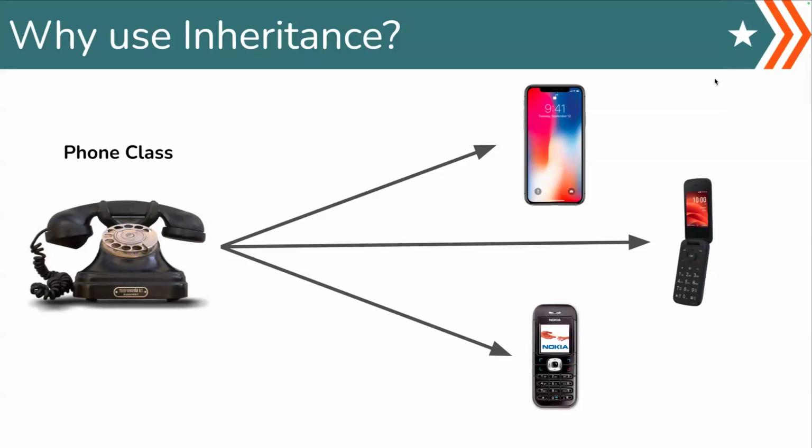So maybe that's an instance method. And every phone maybe should be able to answer a call. And every phone has a phone number. And maybe that's an instance attribute. And then if I create an iPhone class that inherits from phone, I get all those things from phone. And if I make a candy bar Nokia phone class, it gets those. If I make a flip phone, it gets those. And I can have consistency.